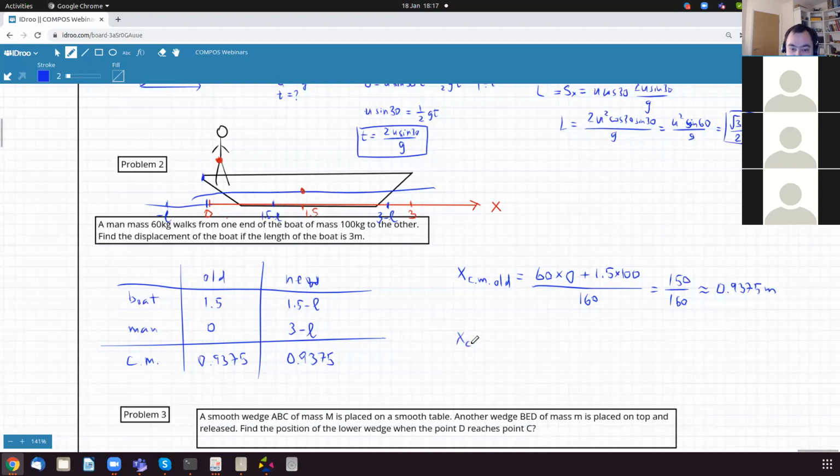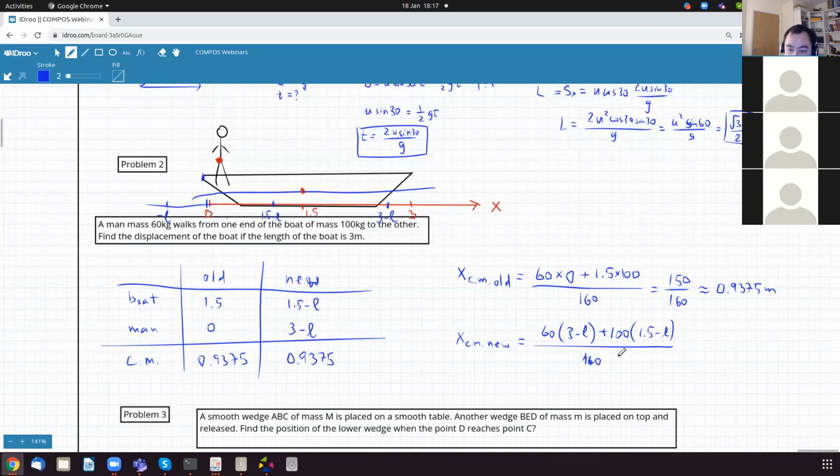So X center of mass new position is going to be 60 times 3 minus L plus 100 times 1.5 minus L, divided by 160.